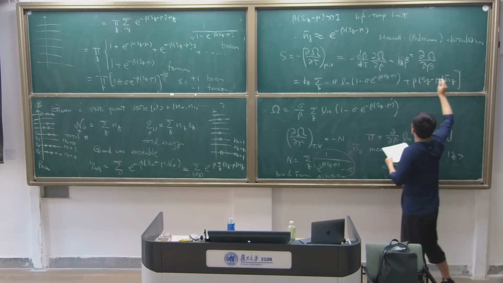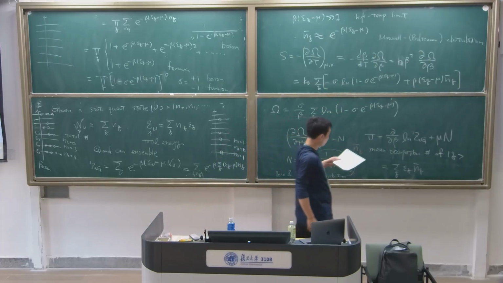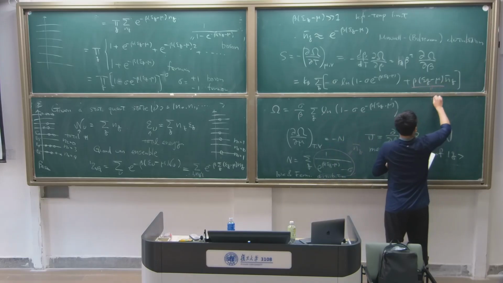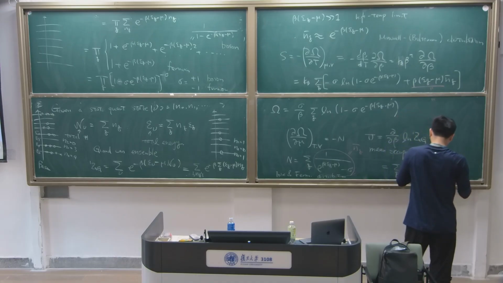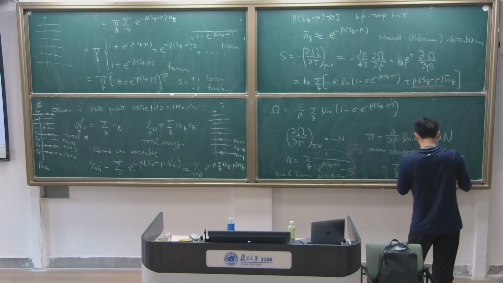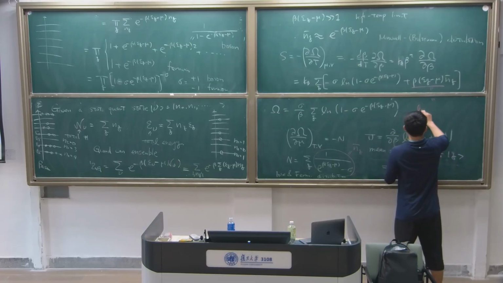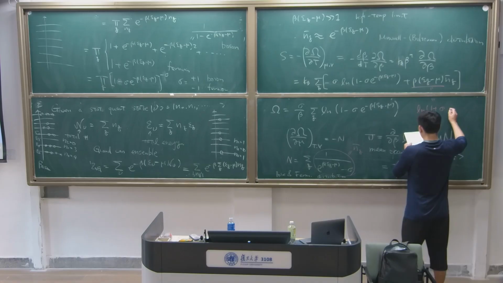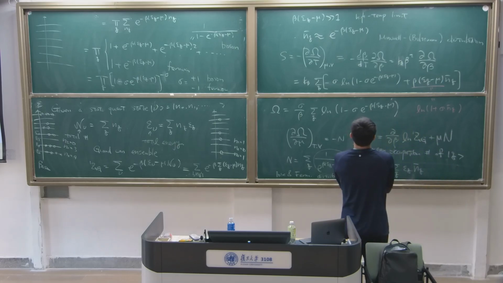Okay, like this. And then this part can be written as follows: log of 1 plus sigma n bar q, divided by minus n bar q.